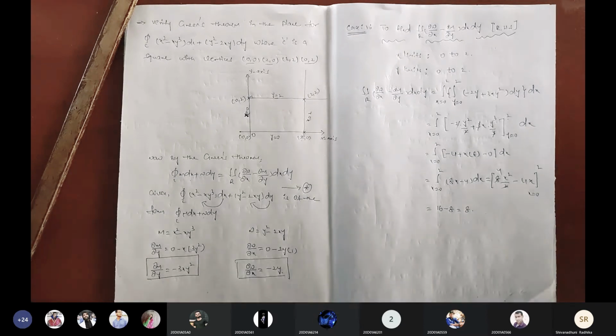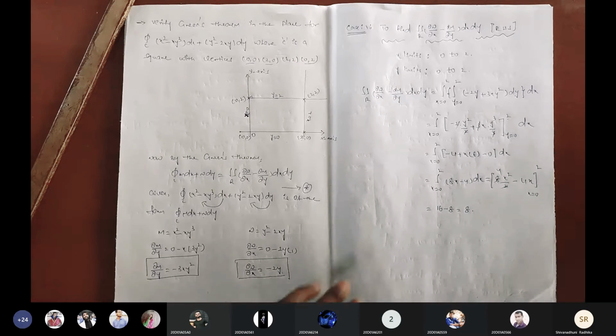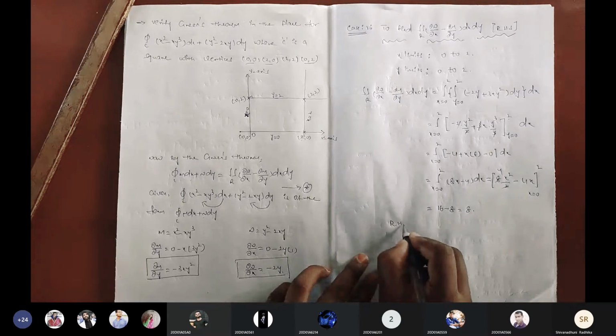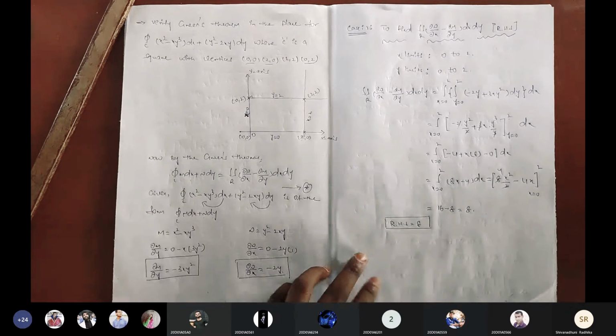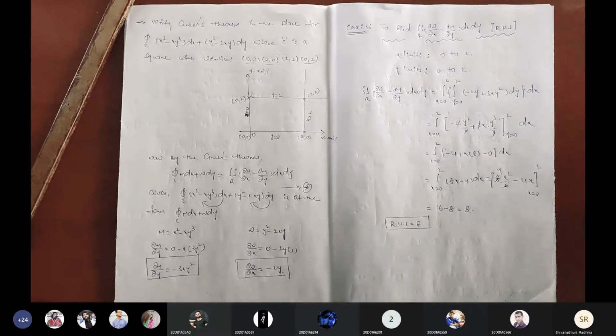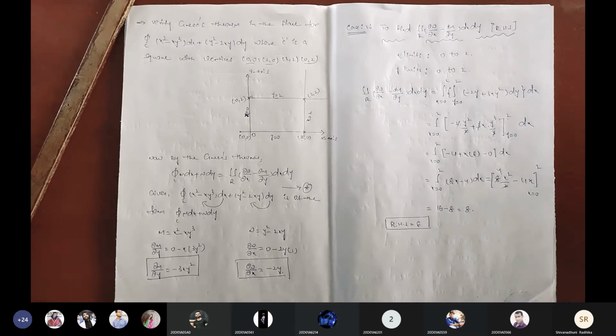Now which is the RHS? Any mistakes, ma'am? Okay. Now the RHS answer is 8. Just write it down. Now we are going to find case 2.